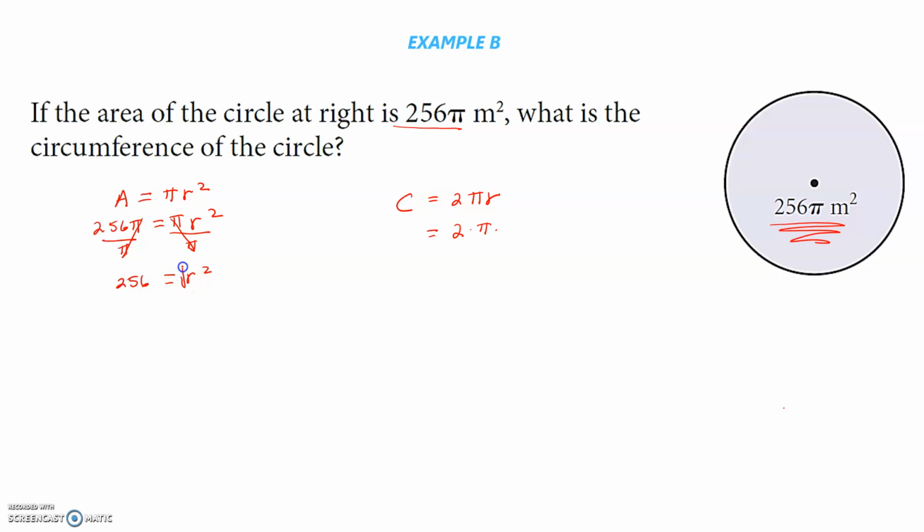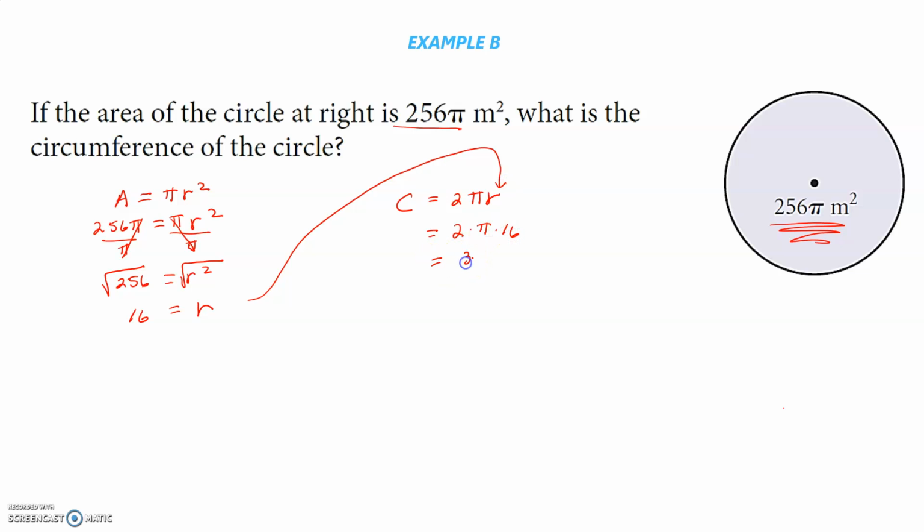To get r alone, I have to get rid of that square, so I square root both sides. The square root of r squared is the square root of r times r. Those two r's come out as an r. And 256, the square root of that, since it's 16 times 16, the two 16s would come out as a 16. So now I can come over here and put that in as my radius.